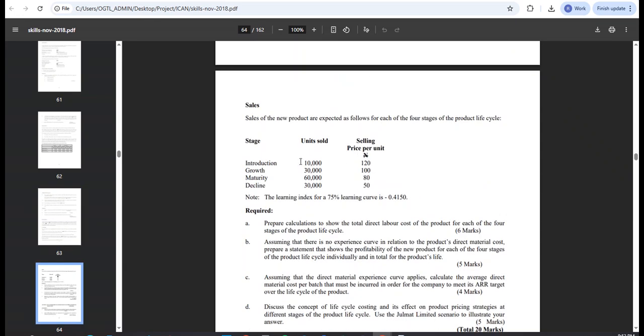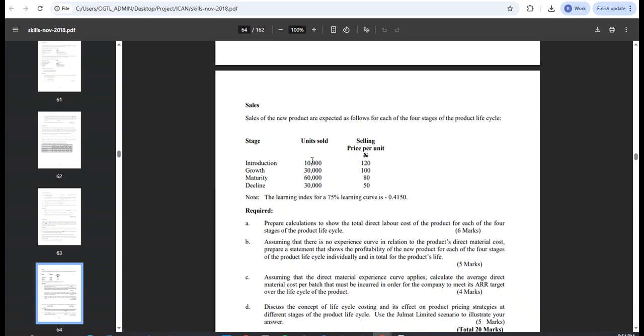Now, we want to know what the cost will be. At the production level of 10,000 units, we can easily get our costs. Don't forget, the question is asking us for the learning curve for each of the stages. So what is our cost in the first stage, 10,000 units?